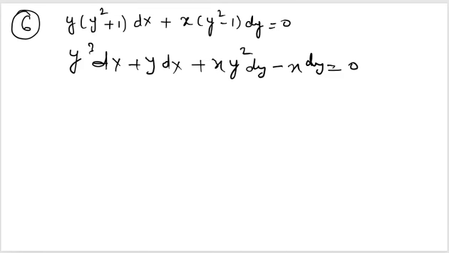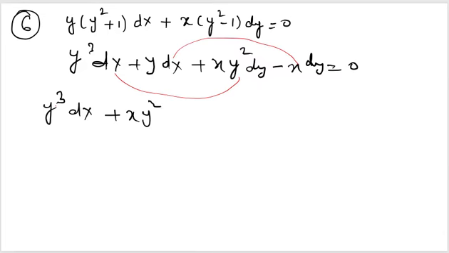I am going to group these two terms and these two terms, and figure out whether something will work or not. On this side you have y cube dx plus x y square dy.